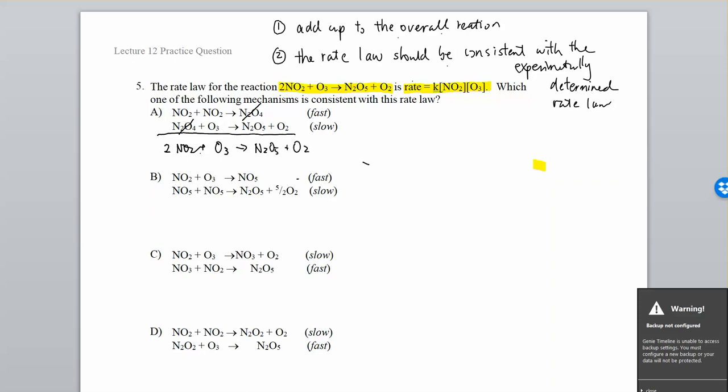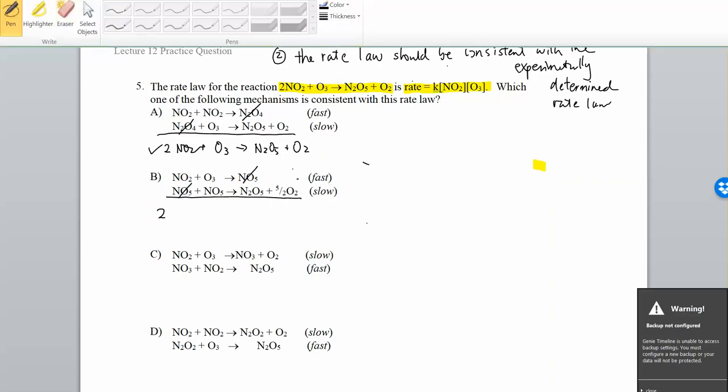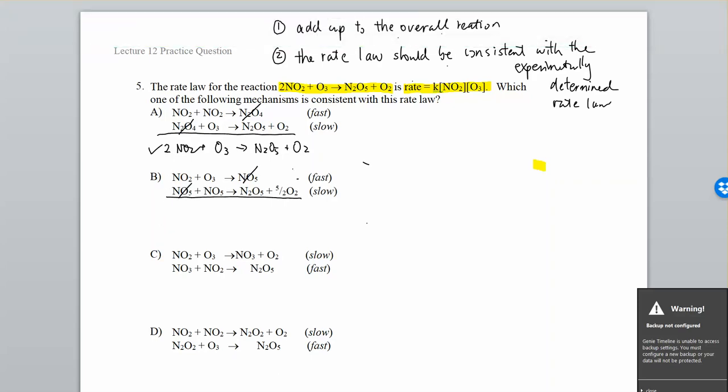Okay, so you can see this fits with the overall reaction, so it fits the first criterion, so that's a possibility. Let's move on to reaction mechanism B. The NO3 and NO3 cancel, they're intermediates, and I will end up with NO2 plus O3 plus NO3, and the products are N2O5 plus 5/2 O2.